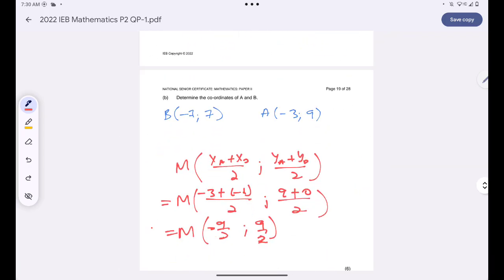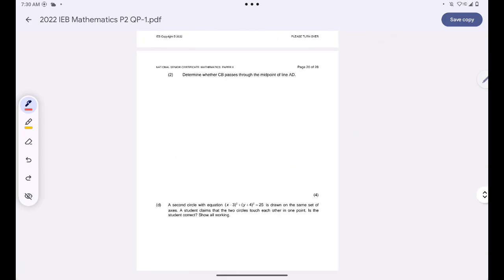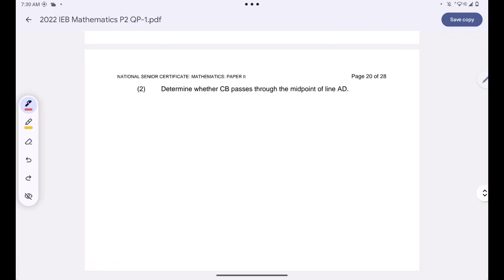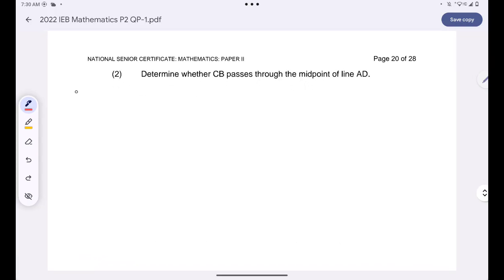The coordinates of B, let me write here. The coordinates of B, I have negative 7 and 7. C is the center. I have negative 3 and 4. And then M is my midpoint.